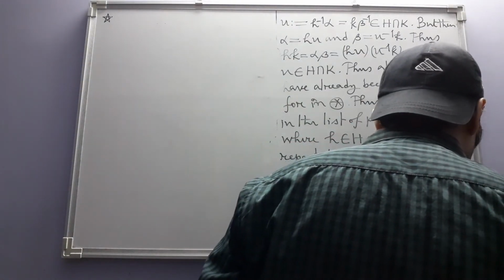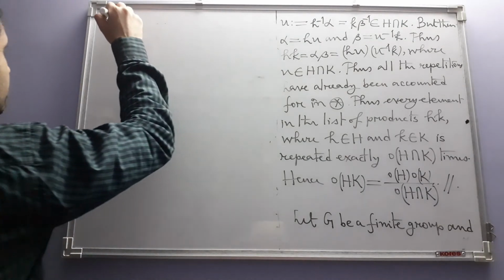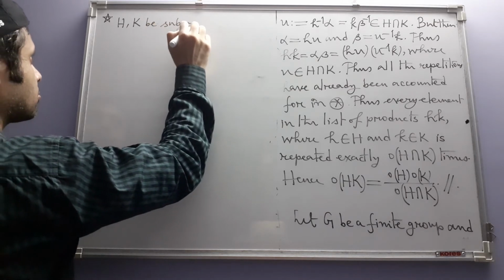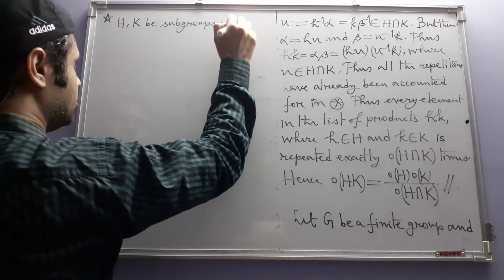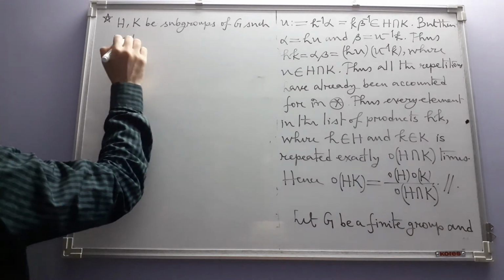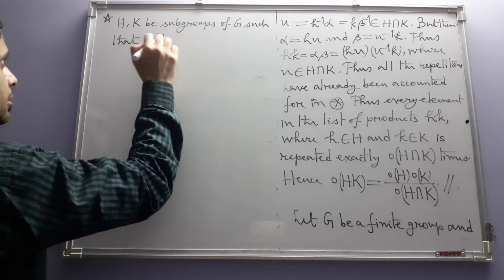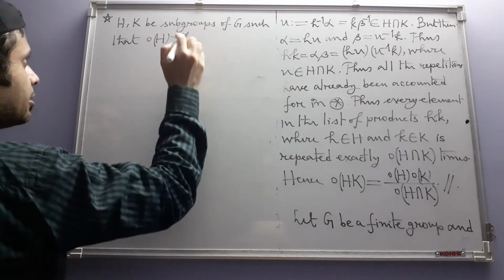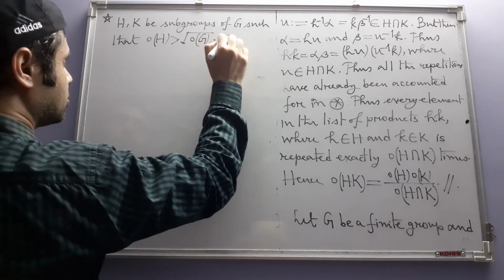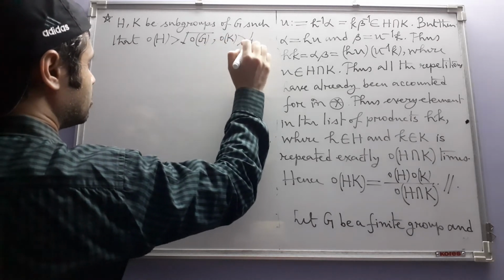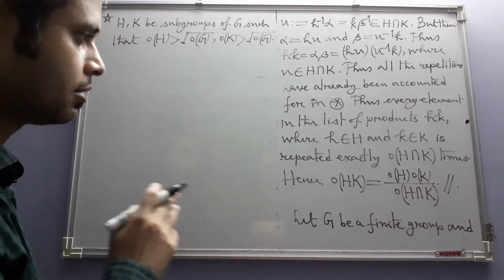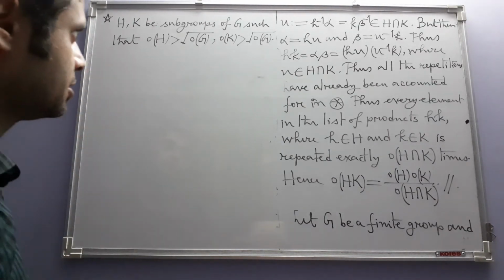Let G be a finite group and H, K be subgroups of G, but there are some conditions, such that order of H is strictly greater than the square root of the order of G, and order of K is also strictly greater than the square root of the order of G. Say this happens, then can we conclude something non-trivial from this situation?